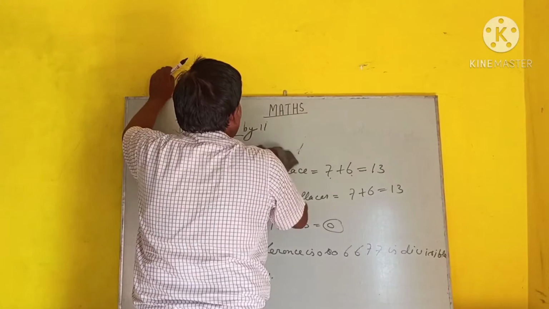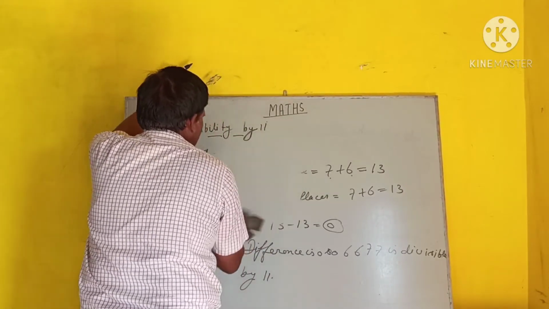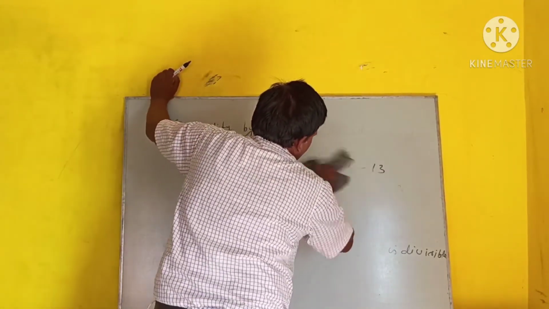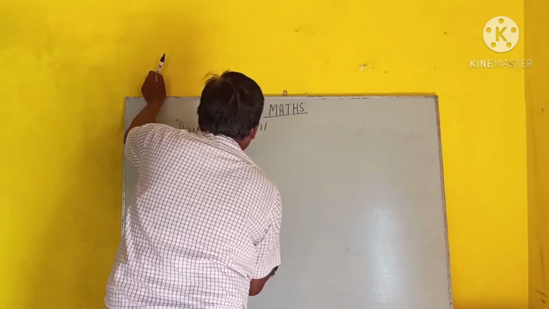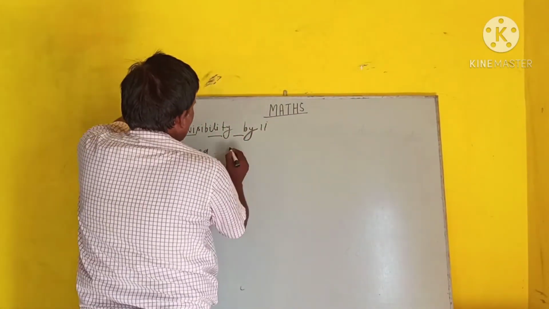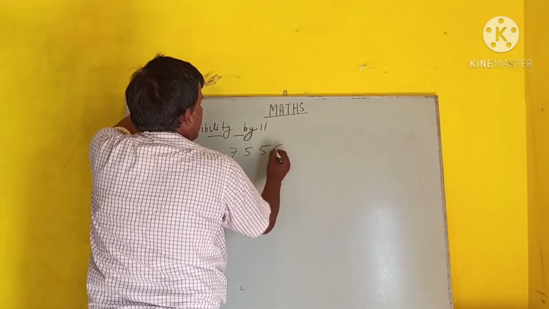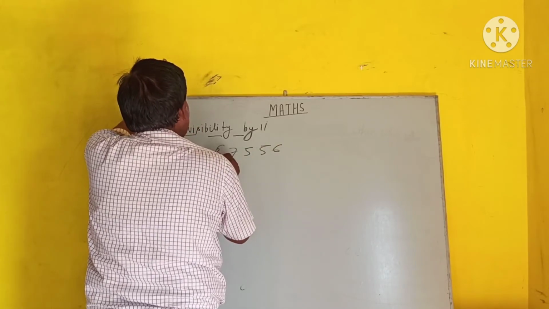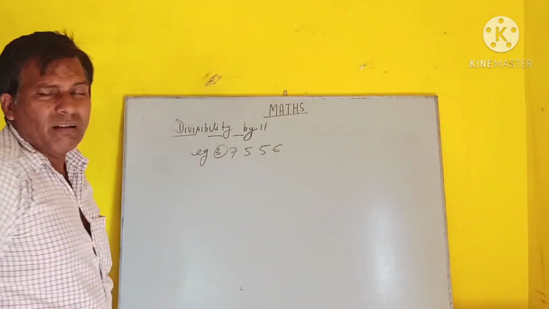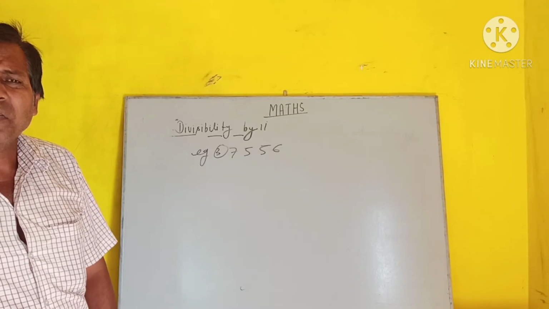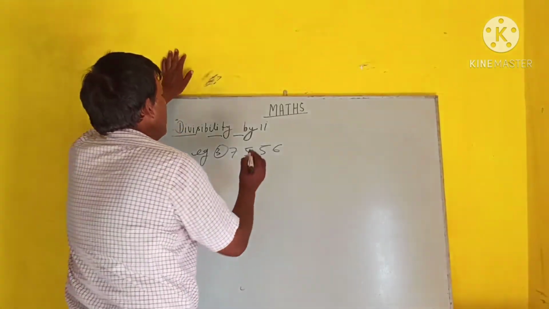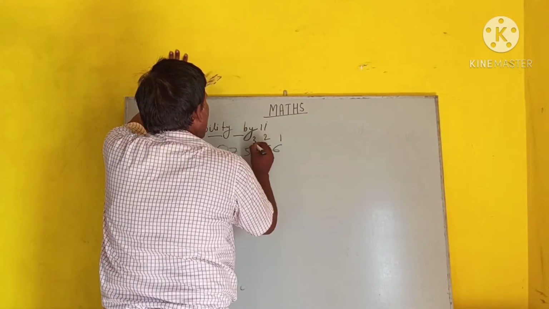I take another example. Example 3: if there is written 7556, how do you check divisibility by 11? See here, you write the numbers 1, 2, 3, 4.